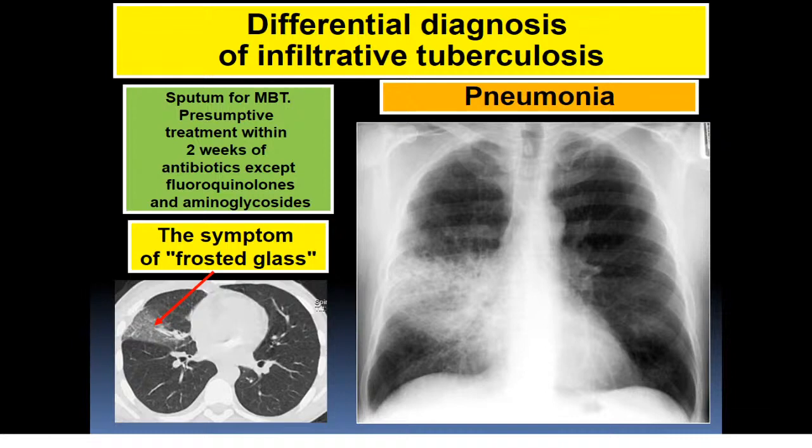What is the main differential diagnosis of infiltrative tuberculosis? First of all, we should differentiate this form of TB from pneumonia, because on X-ray we can see an infiltrative shadow in both diseases. On X-ray, these diseases look alike.